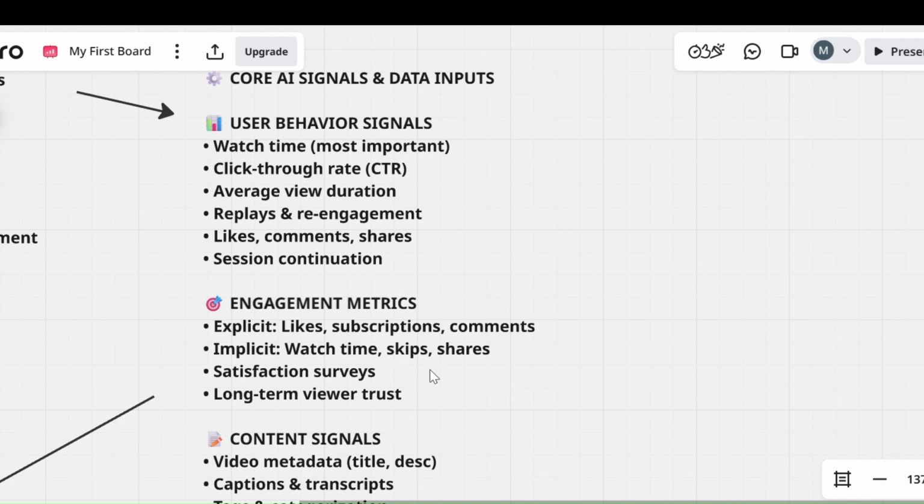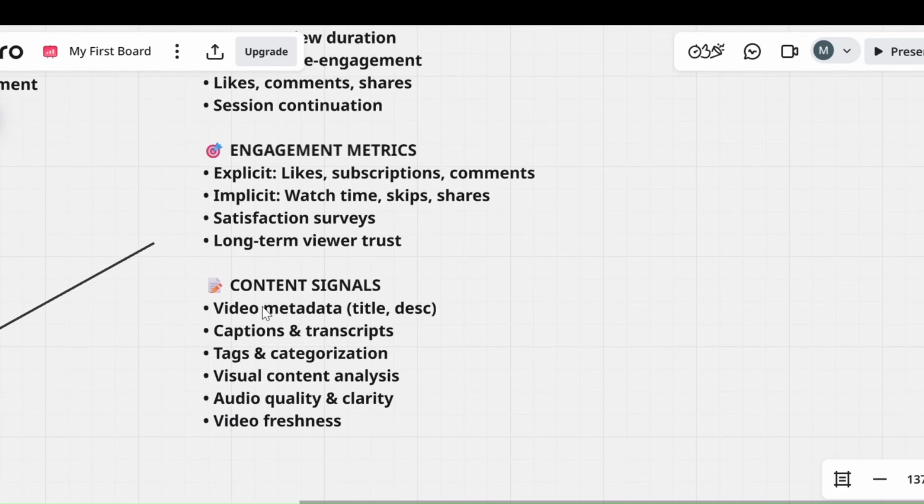And long-term viewer trust: viewers watch your channel's videos again, four or five times every day or month. And the content signals. Content signals are an old method but newly useful. The AI reads the title and description, and also the captions, transcription and automatic captions. It also reads our audio.